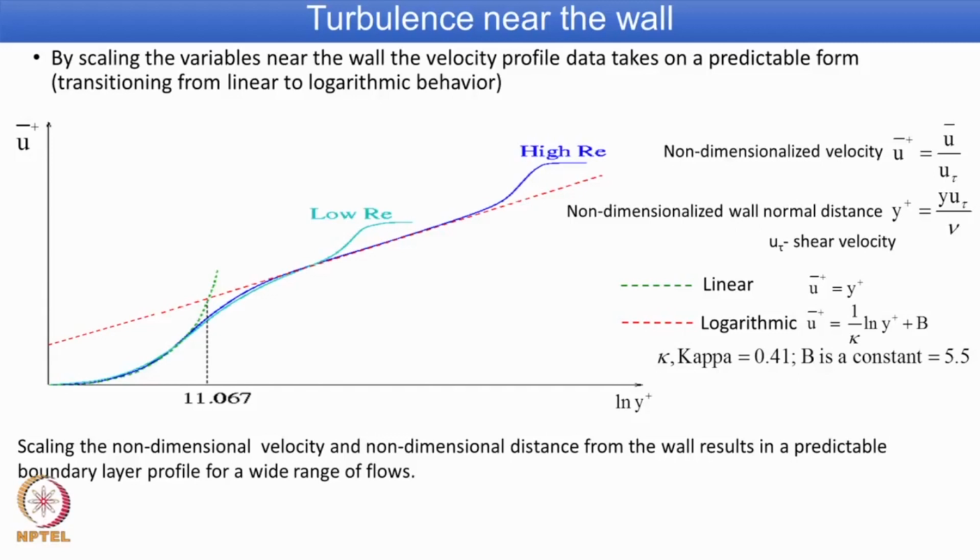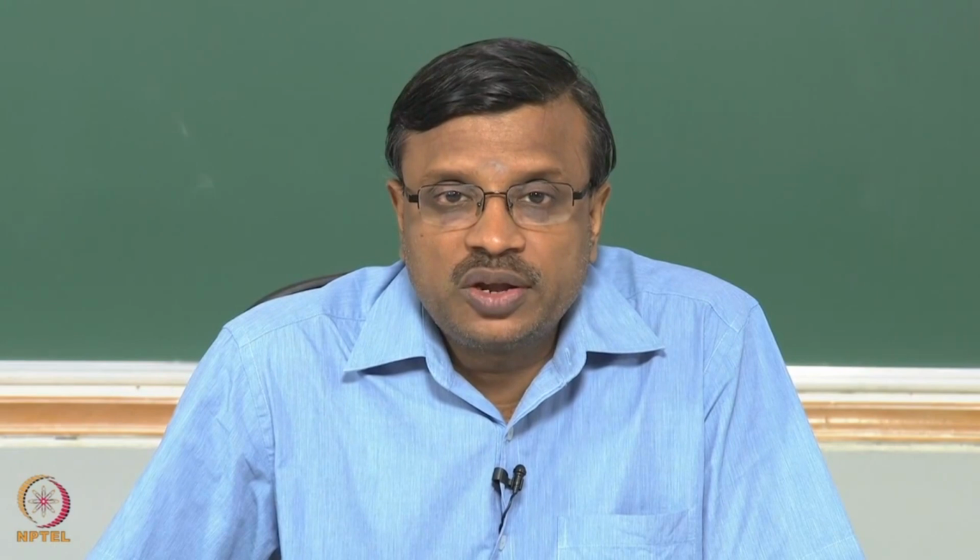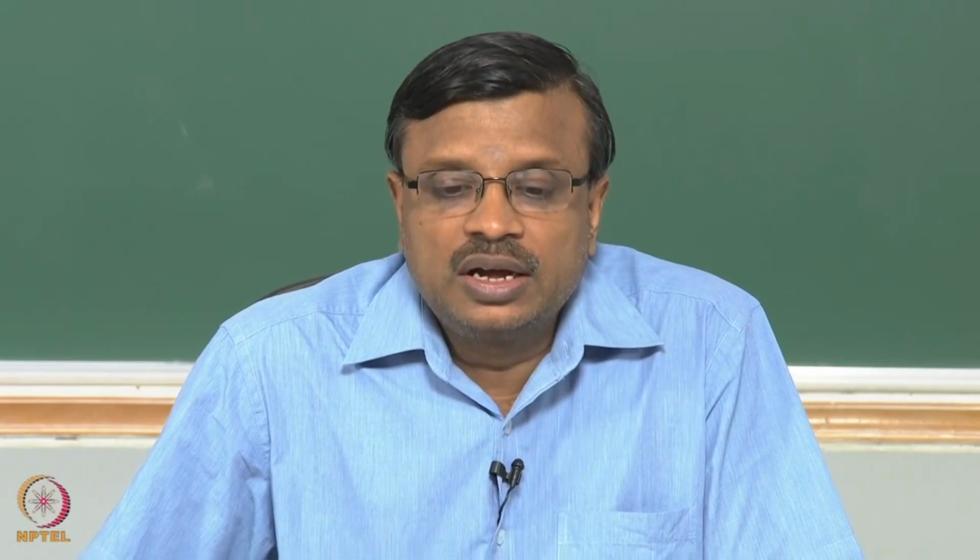And for outside the log layer it is possible to predict the velocity profile near the wall. Since the near wall conditions are often predictable, functions can be used to determine near wall profiles, and these functions are called wall functions. The wall functions are used to bridge the gap between the wall and the first nodal point. We are going to see some details about it in the next slide.